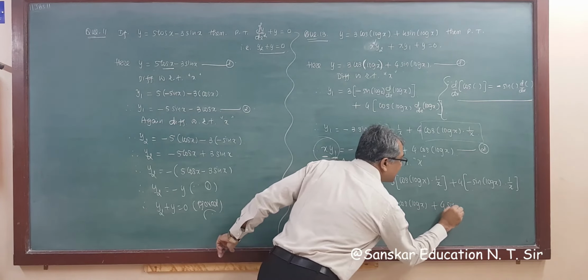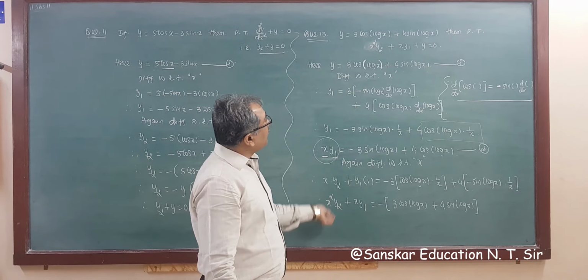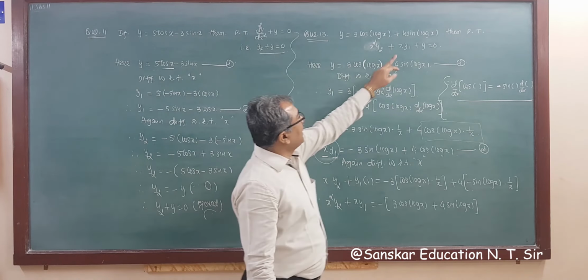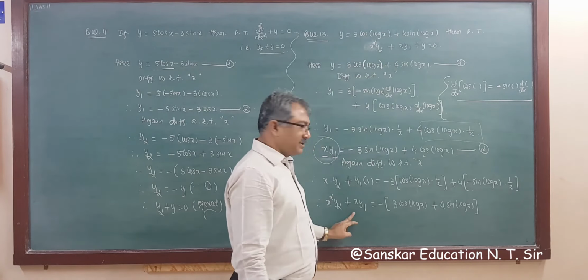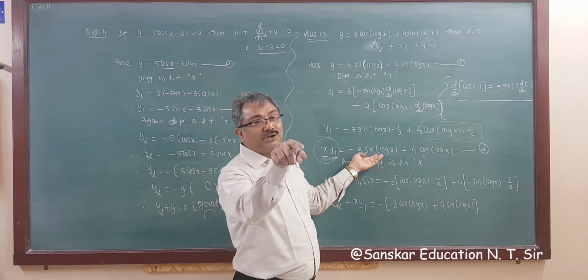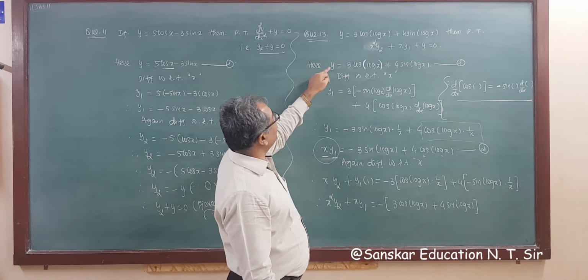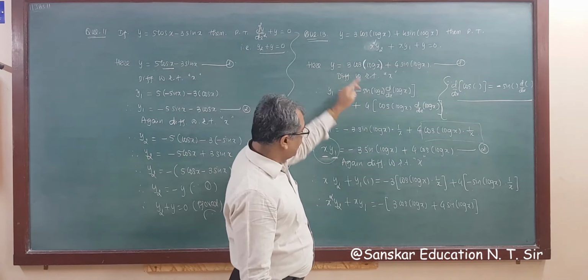Now check your answer. What do you want? x square y2 is already there, x y1 we get. But what you require is y. Result number 2 is not it, because y is your result number 1, which is 3 cos log x plus 4 sin log x.